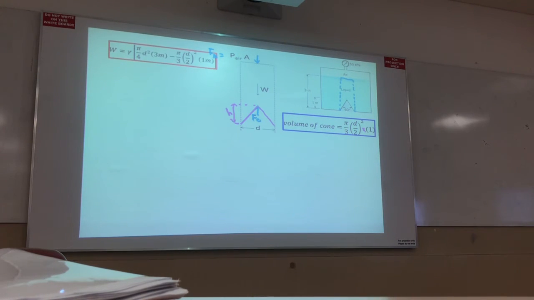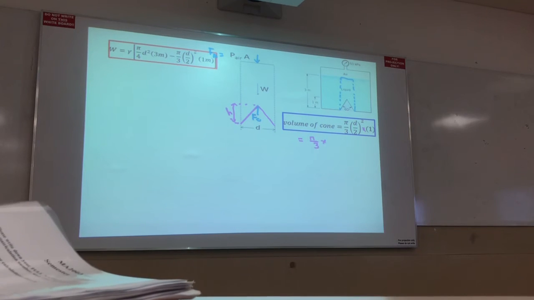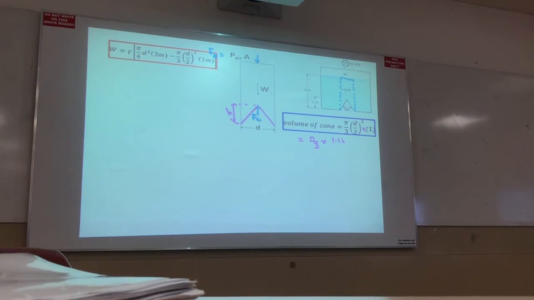So what is the volume of the cone? I can put the number now. Pi by 3 times 1.155 by 2 square times 1. I get here 0.35 meter cube. Roughly, okay?